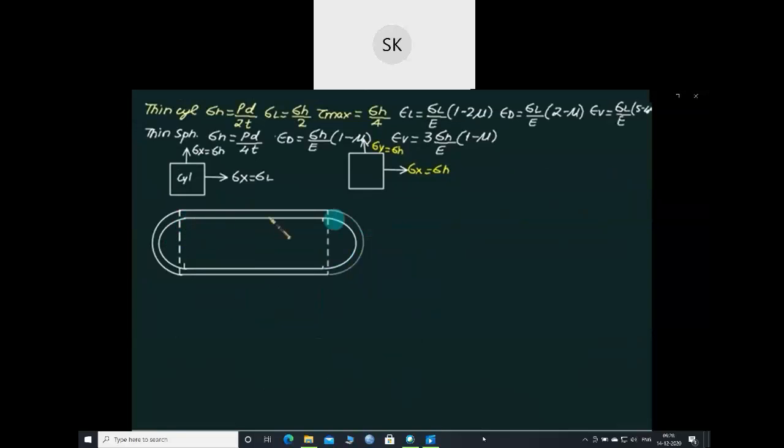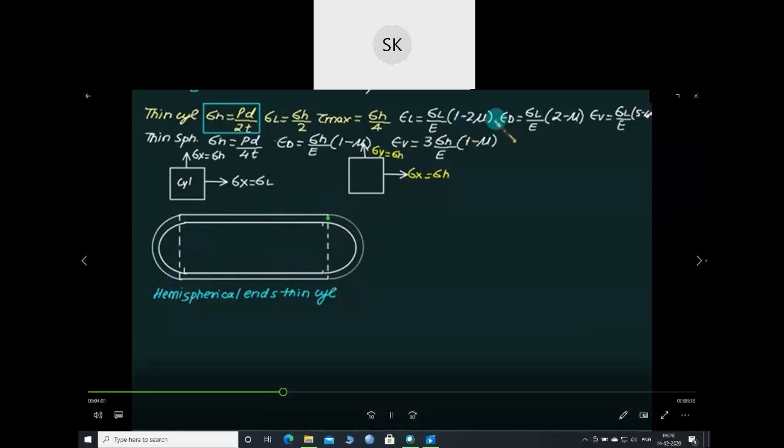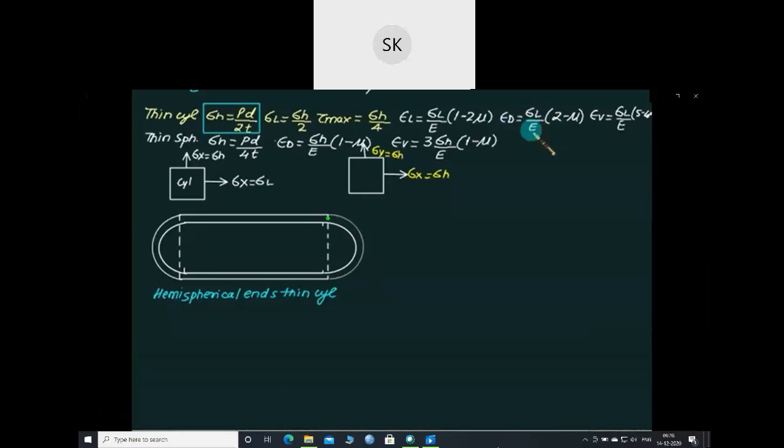Thin cylinder and hemisphere. So this one is with a hemispherical end. Last time we had a flat end. Now one thing to be noted here is that the design of the cylinder is based on hoop stress, which equals PD by 2T, whereas the design of this part is based on PD by 4T. So if you come across this section, which is common to both, as well as this entire periphery and this periphery, at this point we have epsilon D equal to sigma L by E, that is the strain produced due to the thin cylinder.